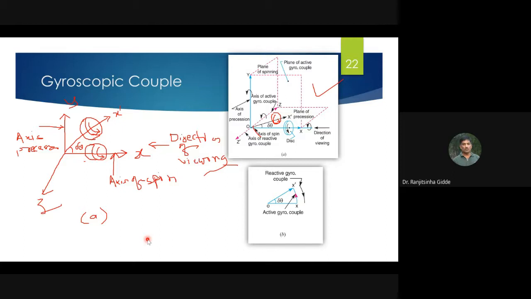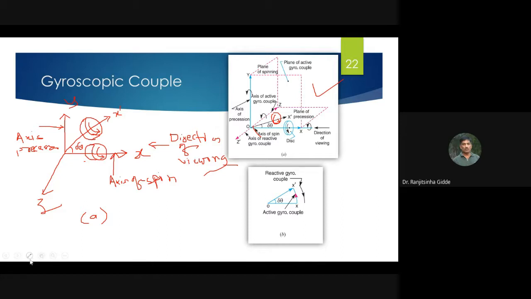Next you can write, let OX (spin axis) be rotated through delta theta in delta t time.